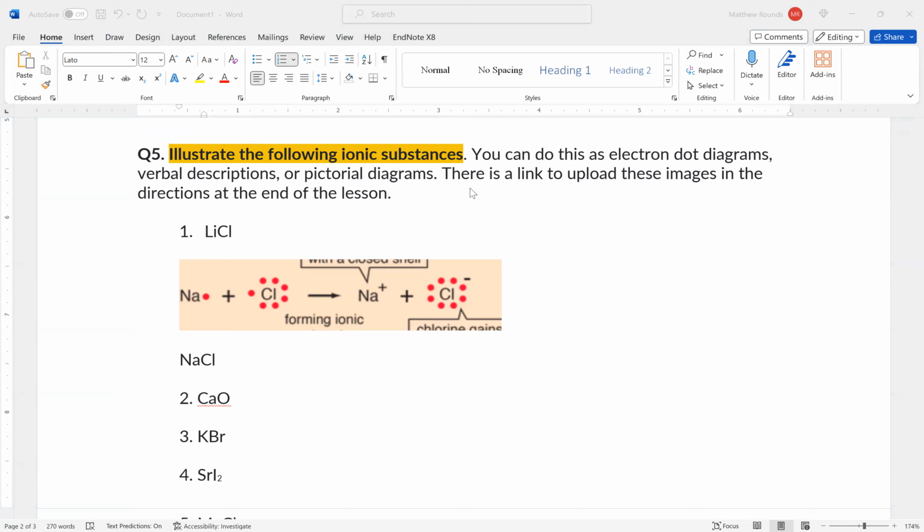Okay, I got it. I think drawing it out would be way better than trying to describe it. So I replaced the Na with Li, right?